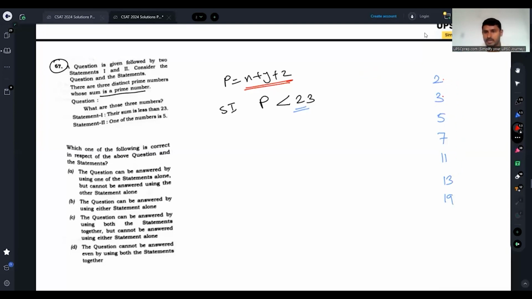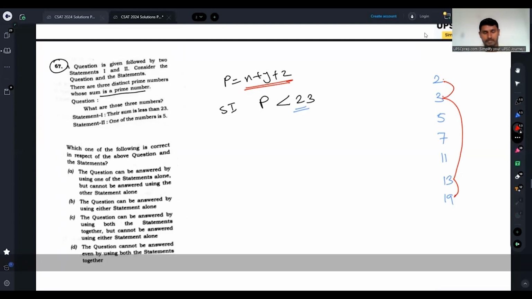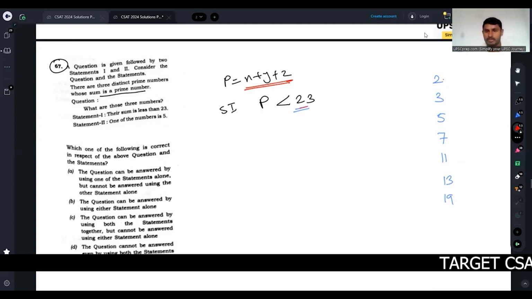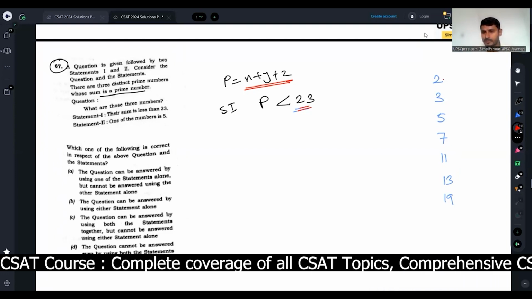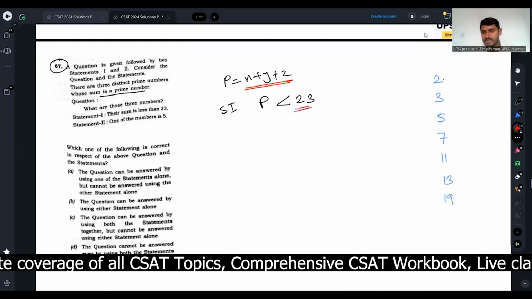Then let's check 2 plus 3 plus 19. If we go 19 plus 5, it will become 24. We cannot use it because it is greater than 23. So we will not be able to use combinations with 2 and 3.